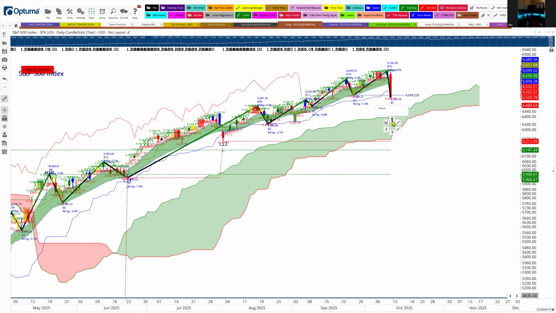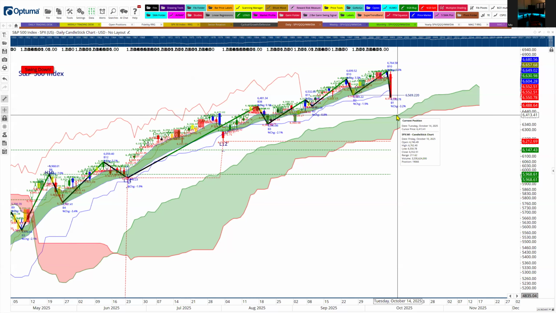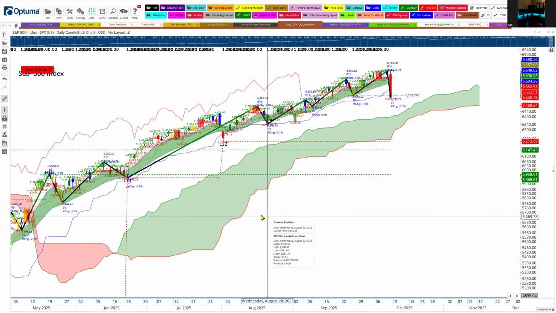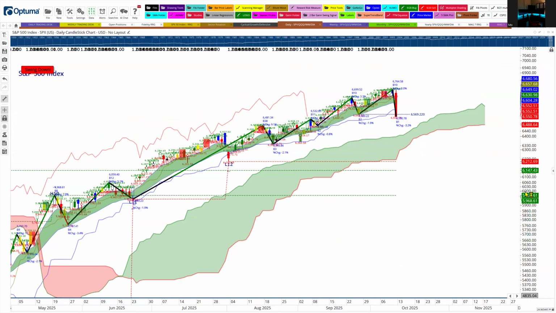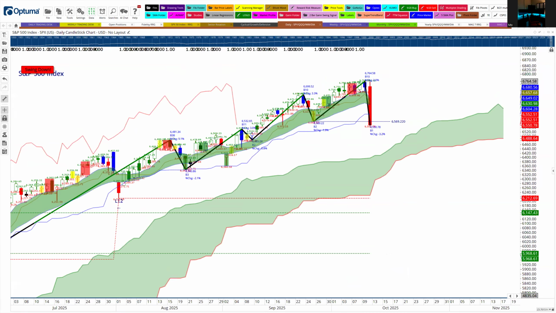So one way to look at it: are we just gonna come back to these clouds right there, whatever it touches, this is your support as well. That's what I said. There is a lot of support sitting from here to here. There's gonna be quite a bit of bounces.